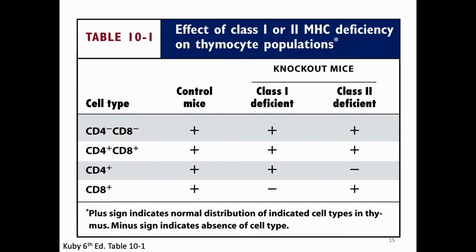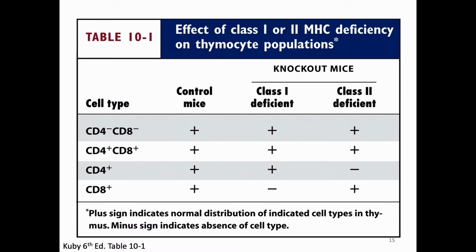One of the things this tells us is that double negatives and double positives must have come first. Those must have been earlier steps than the CD4 and CD8s. These must have been a late step.